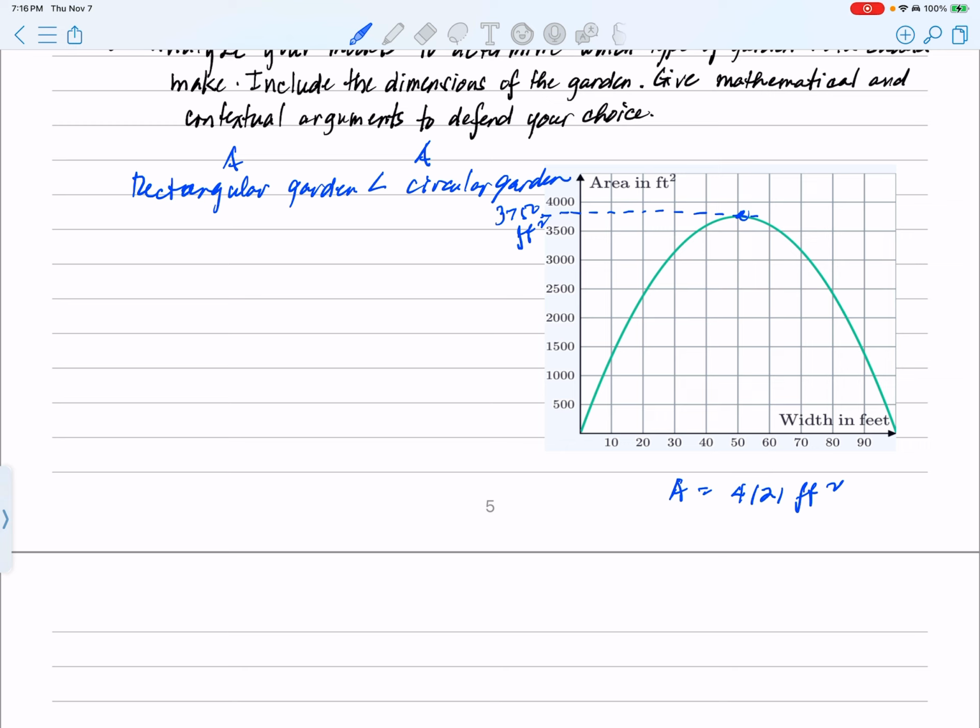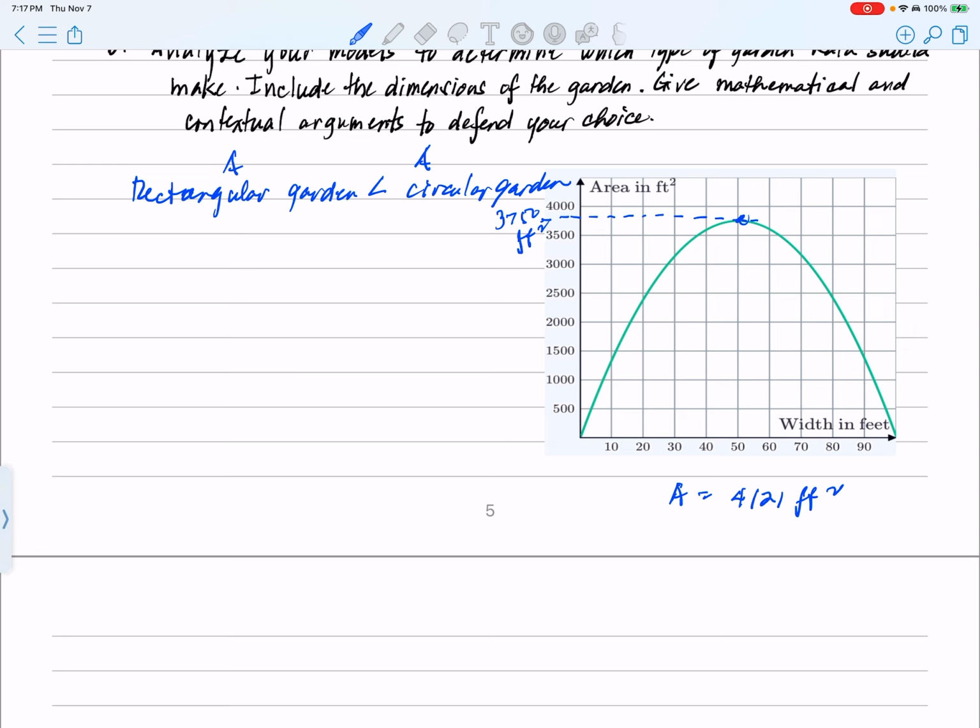Although the circular garden has more space, the edges of the circle might end up wasting the space, which would make the area similar to the area of a rectangular garden. So the difference is a few hundred square feet. With this factor, Kala should build a rectangular garden, assuming she wants to maximize the area.